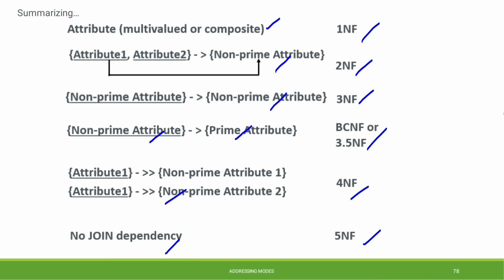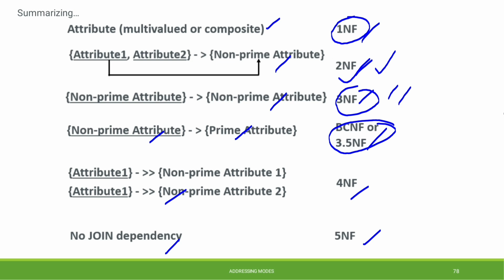So to check whether a relation is in 2NF, first it should be in 1NF, then only we can check for 2NF. To check whether it is in 3NF, first it should be in 2NF, then we can check for 3NF. To check for BCNF, first it should be in 3NF.